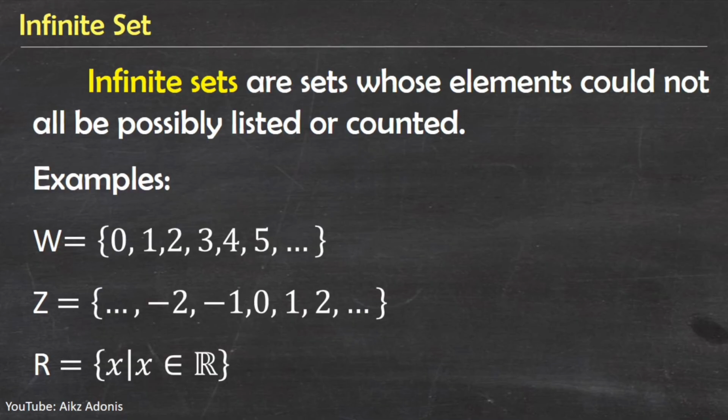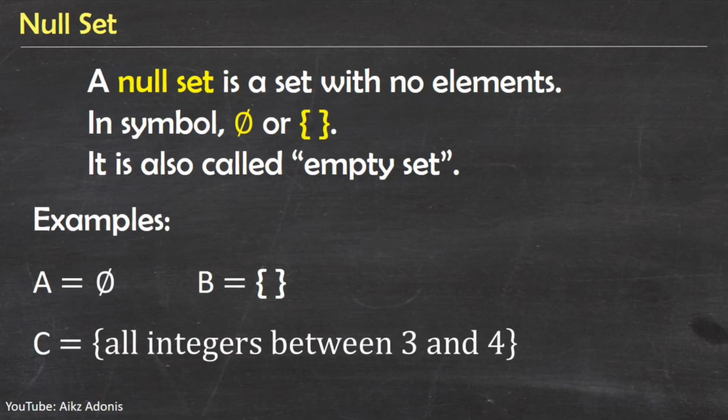So these are examples of infinite sets. The elements of the first set W approach positive infinity, while the set of integers and real numbers both approach positive infinity and negative infinity.